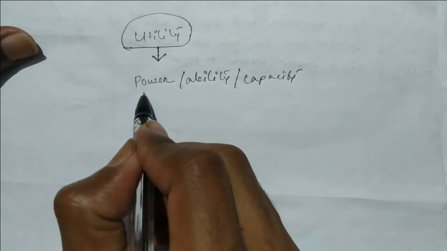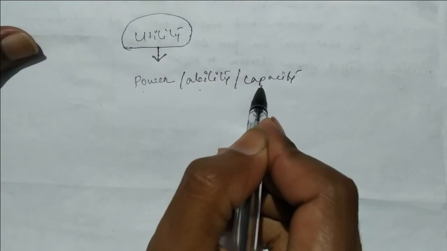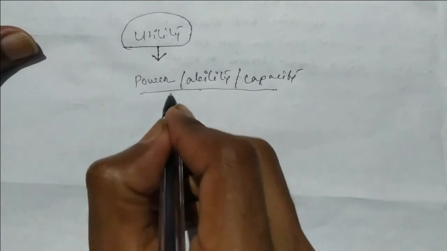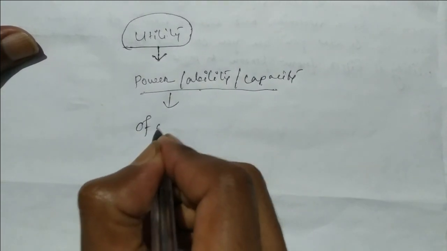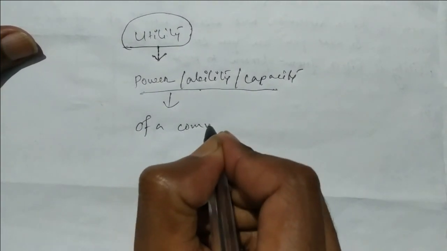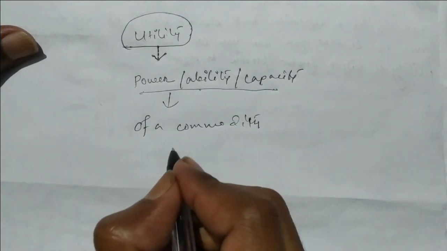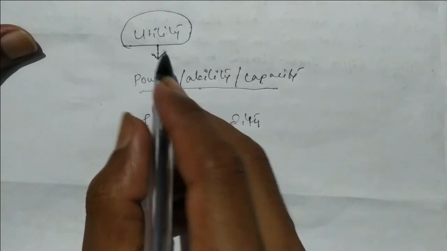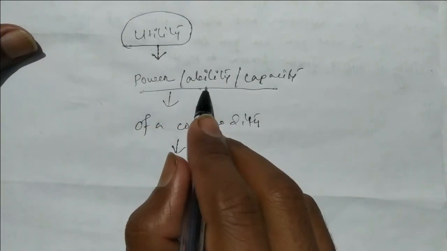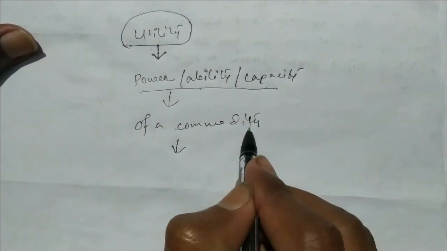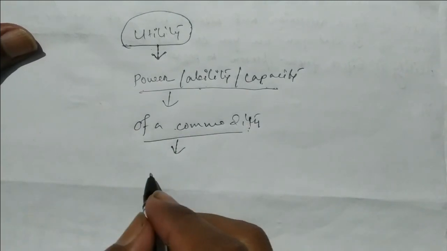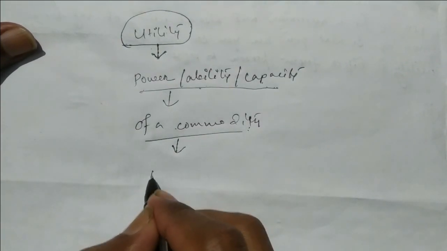Utility is the power or ability or capacity of what? Of a commodity. Utility is the power or ability or capacity of a commodity which satisfies human wants.